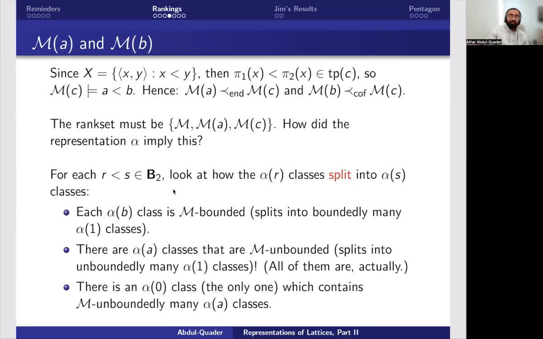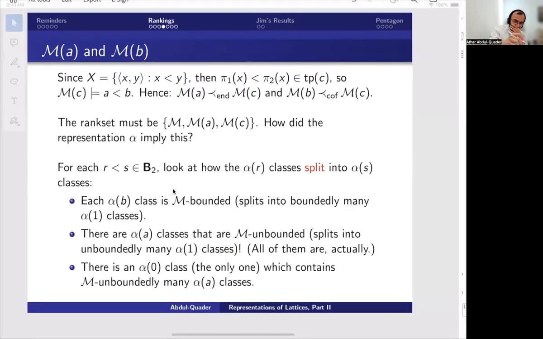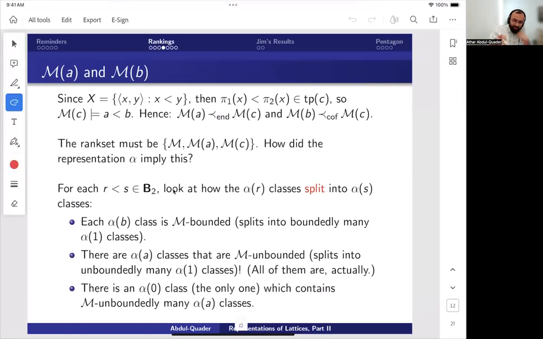And so think about M. This is maybe a good time to remind you what these alpha of B classes and alpha of A classes are. The alpha of A classes are the ones where the first coordinate is constant and the second coordinate varies. An example of an alpha of A class could be the set of all 0, y for any y greater than 0 in the model.